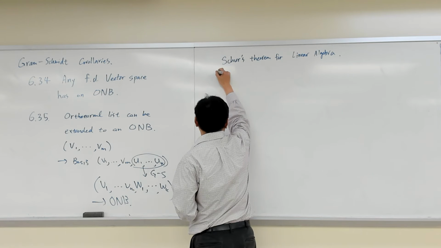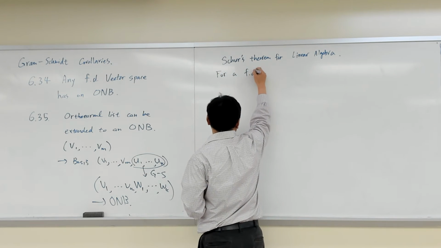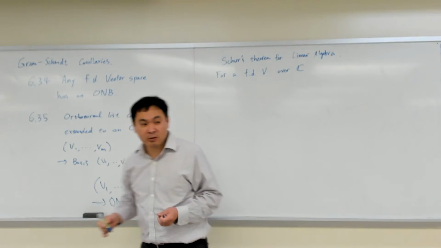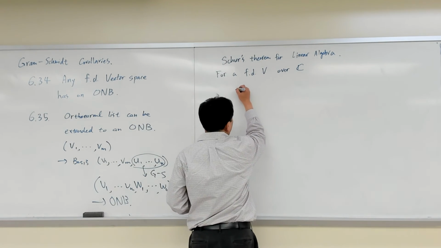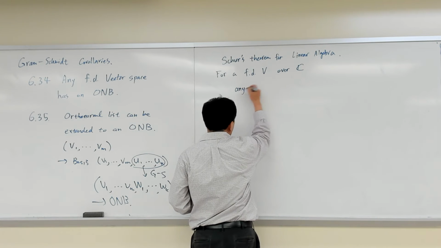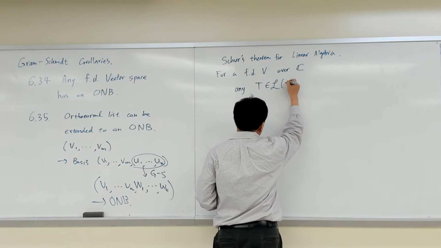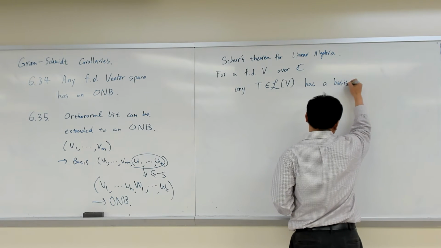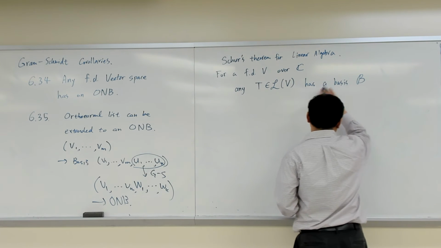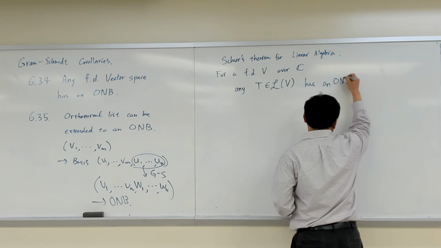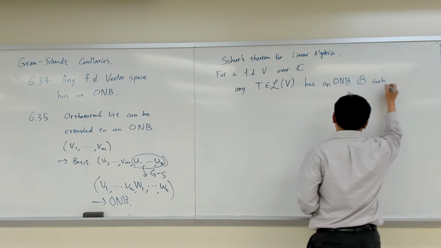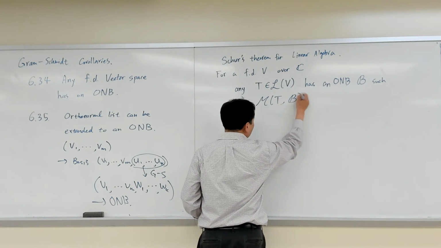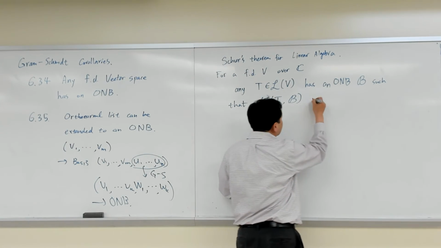For a finite dimensional vector space V over C, so we're working on complex numbers, any operator T on V has a basis B, an orthonormal basis B, such that the matrix of T represented using this basis is upper triangular.